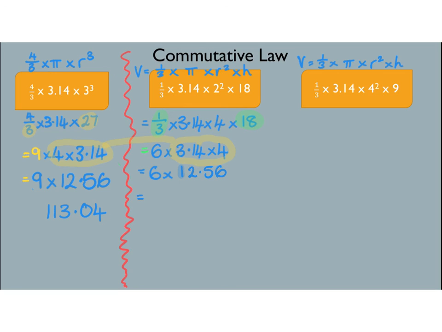See how maths people make things easier for themselves, look for things you've already done before. We don't have 12.56 times 6 though, do we? We did 9 last time. So times it by 6: 6 times 6 is 36, 6 times 5 is 30, add the 3; 6 times 2 is 12, add 3 is 15; and 6 times 1 is 6, add the 1 is 7. And that's that one done there.